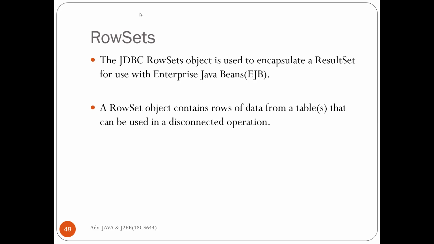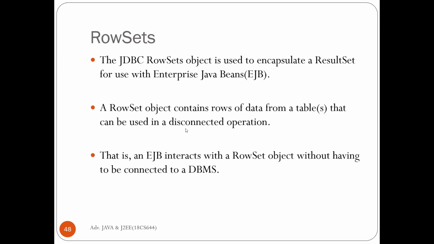disconnected operation. Assume that we have a result set, we need to process it, and then the connectivity with the database fails. Then we can still further process the rows. That facility is available in enterprise Java beans, and for that particular purpose we can use this RowSet. An enterprise Java bean can interact with a RowSet object without having to connect with the database.